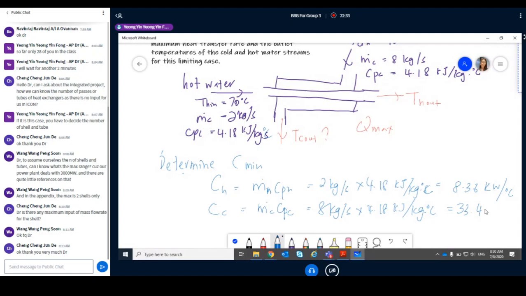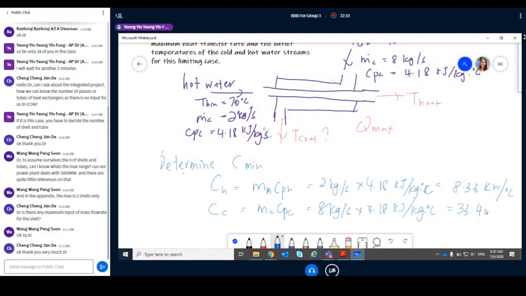You have to remember, delta T max is TH in minus TC in. This one will always experience the highest temperature change, the difference of the inlet temperature between the cold and hot fluid streams.